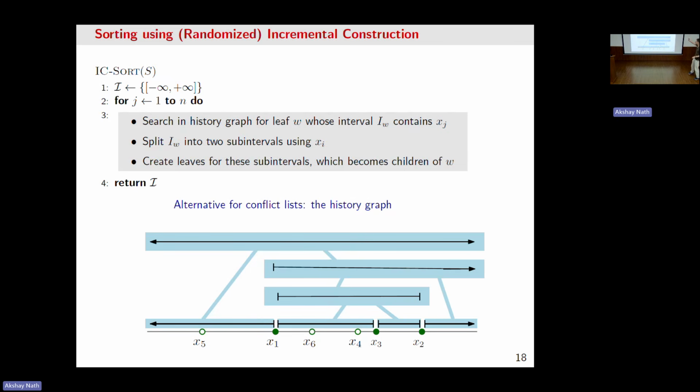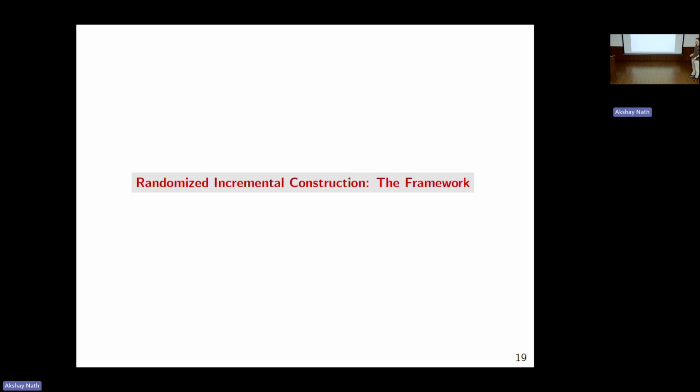So yeah, and then this just says what you have to do now. You search in this history graph, which in this case is a tree, until you get to the leaf. You split the leaf. You create two new subintervals, which now become leaves in the structure. Okay. So I'm not going to give you the analysis of that algorithm.